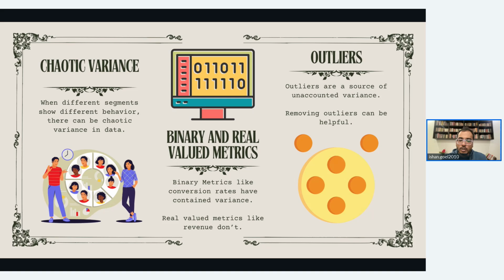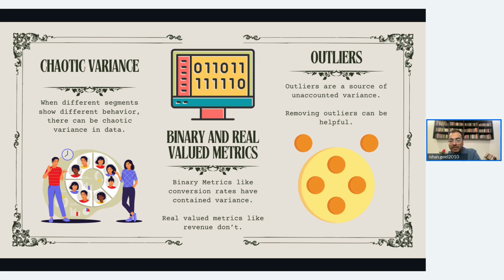And the variance of a 0 1 type metric is defined directly as a function of the conversion rate. So if I have a 10% conversion rate, it is clear that the variance I have is around 8 to 9%. If I have a 50% conversion rate, the variance I have is 25%. So it is defined. Anytime you are able to move to a binary metric, you won't face a lot of variance related problems.